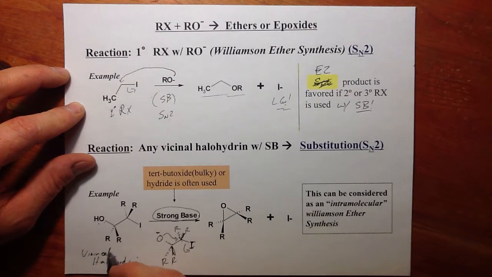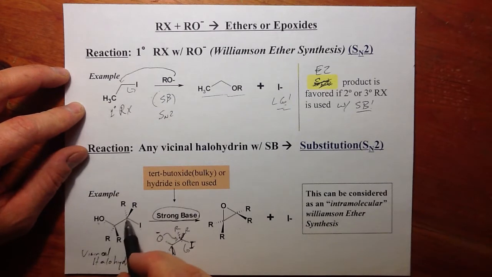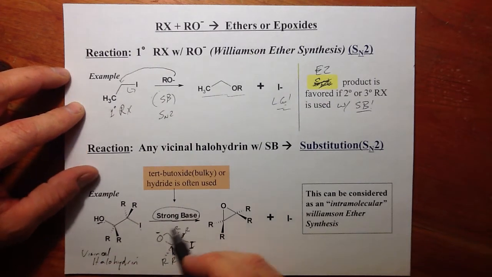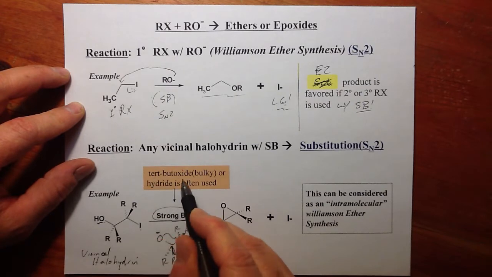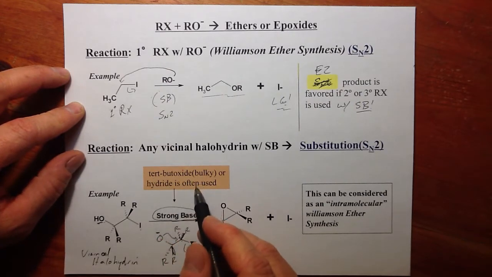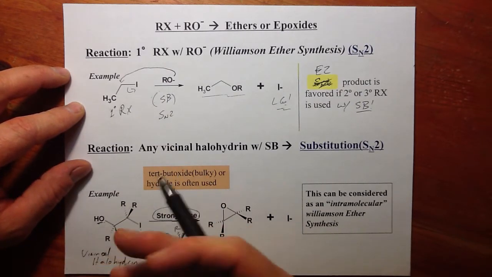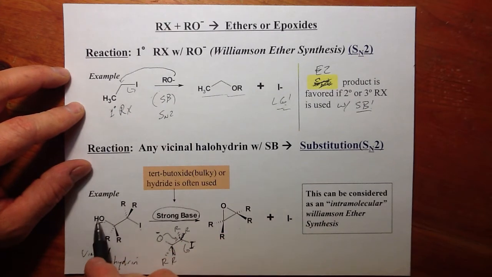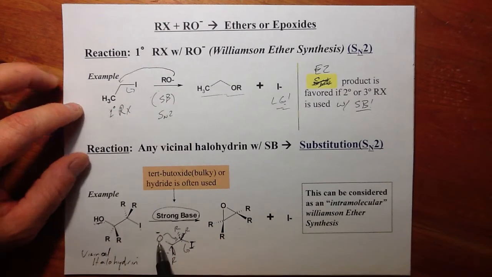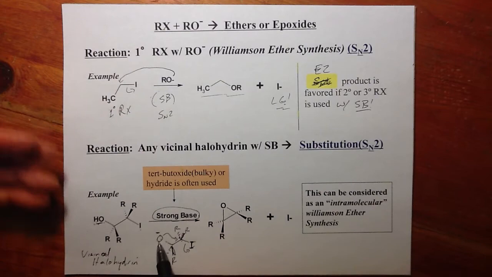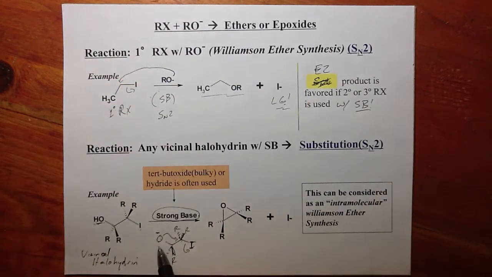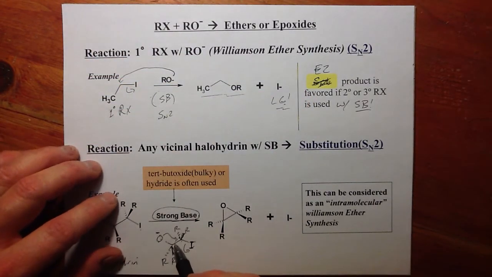Vicinal halohydrin means we have adjoining carbons, vicinal, with an iodine, bromine, or chlorine, and a hydrin, an OH group. If we take a strong, maybe even bulky strong base like tert-butoxide that will only tear off outside protons, we can tear that proton off, create a strong base that now we can use to mimic Williamson ether synthesis, but we're doing it inside.